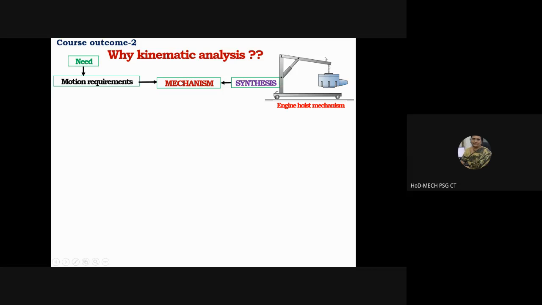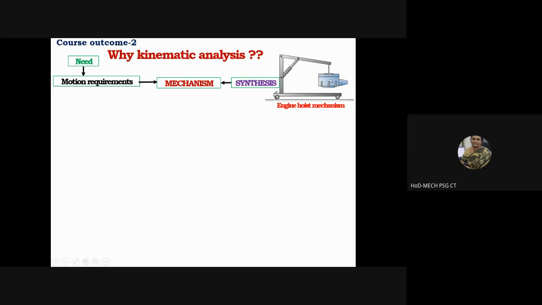This link will have to move. This is the input link. It will give motion to this link, and then probably there is a drive here also, and hence this will be made to move.